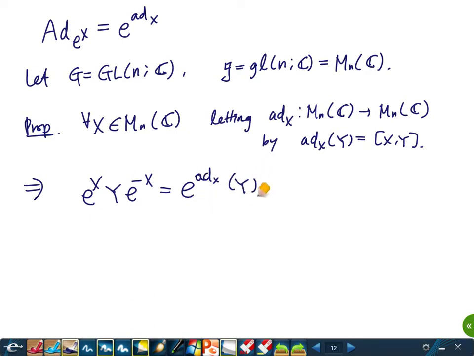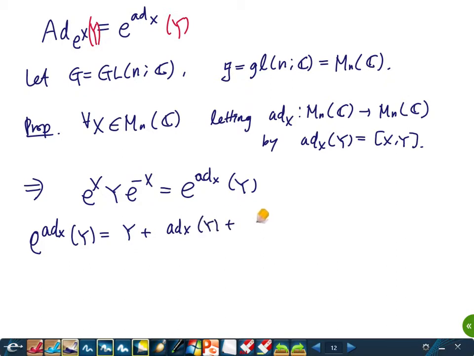What does this mean? By the way, this is just another way of writing this. If you have y over here and y over here, that's just the same thing. Here, e to the ad x of y means this exponential: y plus ad x of y plus ad x squared of y over 2 factorial. It's like an exponential series.